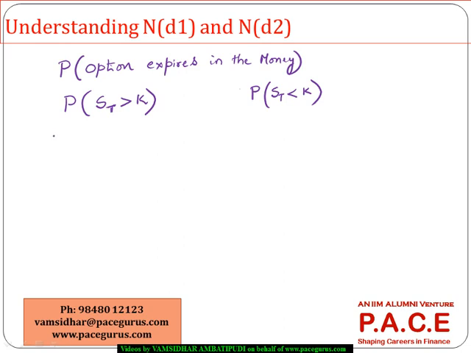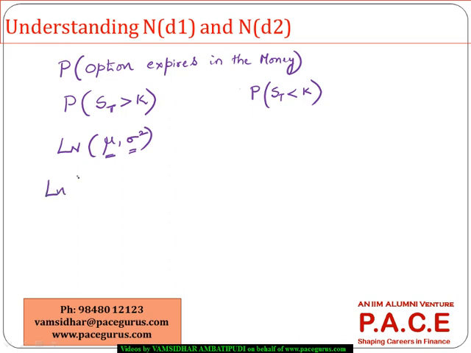Now, we know that for a call option we are looking at the underlying asset under the assumption that it follows a log normal distribution with parameters mu and sigma squared, where mu is the mean of the underlying normal distribution and sigma squared is the variance of the underlying normal distribution.